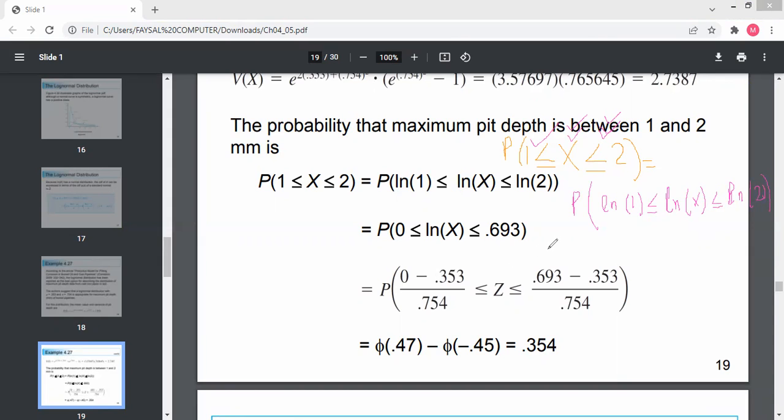Okay, so probability of ln 1 is 0, so 0 less than or equal to ln x, and then it will be 0.693.